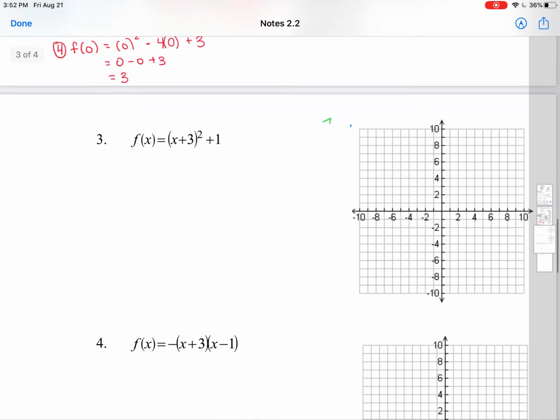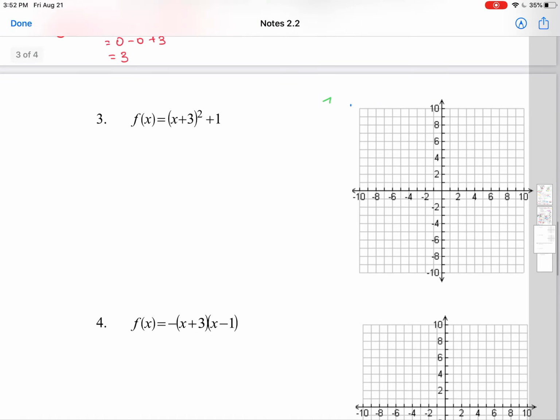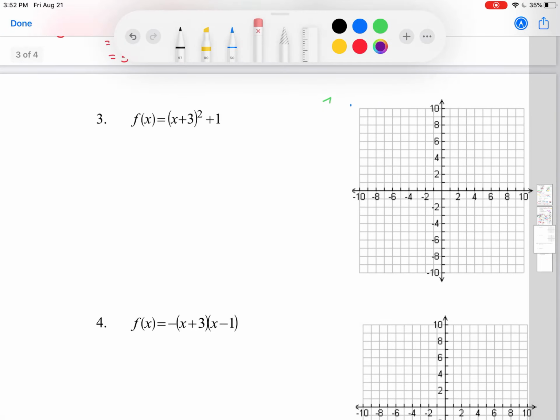Go ahead and look at question 3 for me. I will let you do question 3 on your own. And I have posted, or I will be posting, the answers to notes 2.2. And by answers, I mean just my teacher notes.